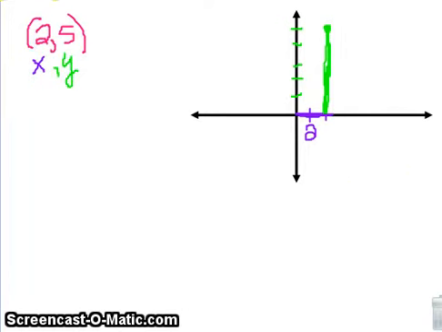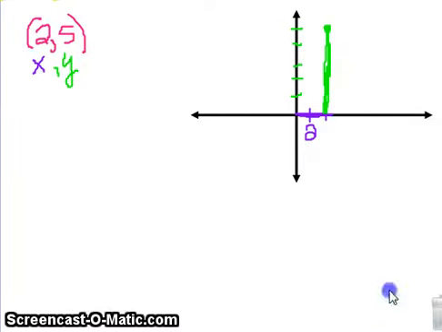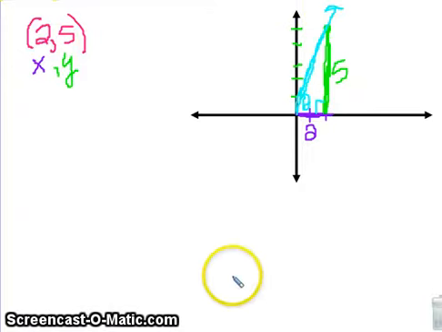We have our x, we have our y, but the one piece that we are missing is our what? The radius, right? Whether you want to call it the radius or whether you want to call it the hypotenuse, that's what we're missing. So if this is 2 and this is 5, what could we use in order to find that distance? Pythagorean theorem.